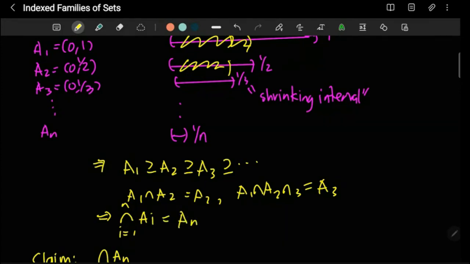So what happens to the set? Ano nangyayari pagka yung n natin approaches infinity? Now again, intuitively, from calculus, we know that since 1 over n approaches 0 as n approaches infinity, yung An natin, nagiging yung left side niya 0. Yung right side niya 0 din.